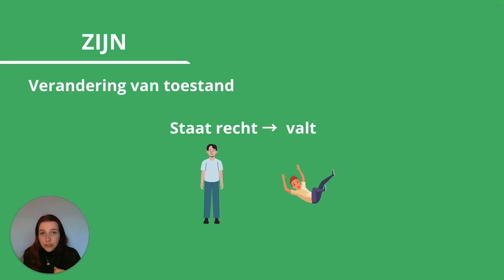But then we also have verbs with which we sometimes use hebben and sometimes use zijn. For example, when you have a verb where you change from position or being. So for example, if you're standing upright and you're falling down, you're going to use zijn. Ik ben gevallen.